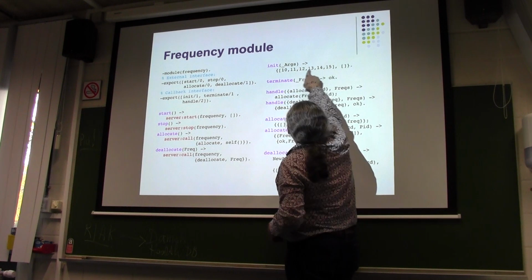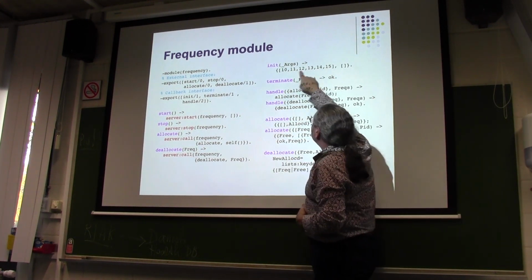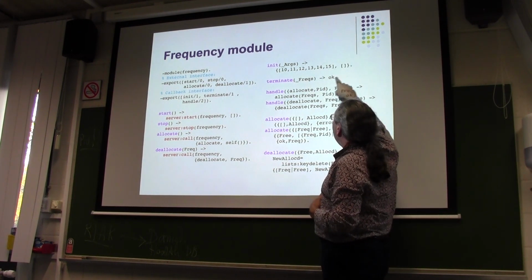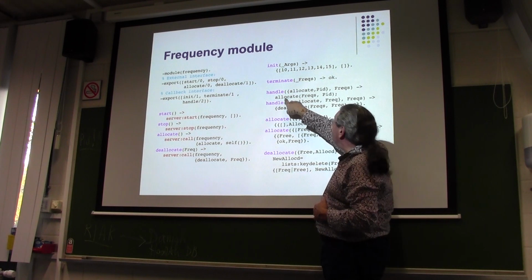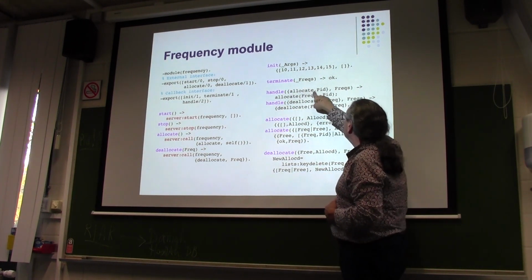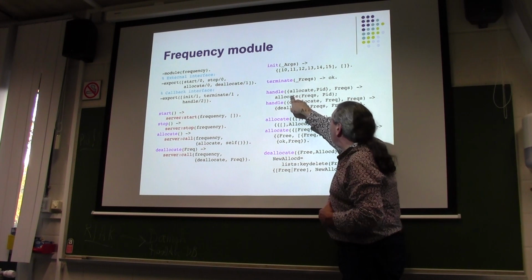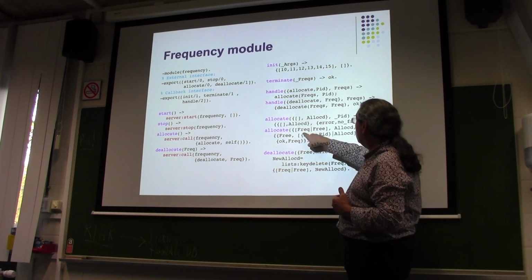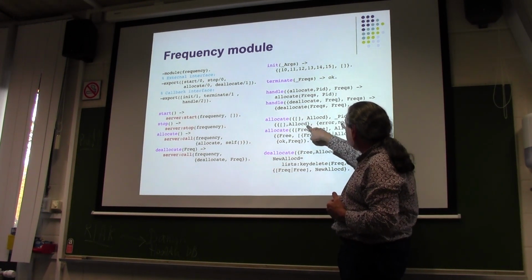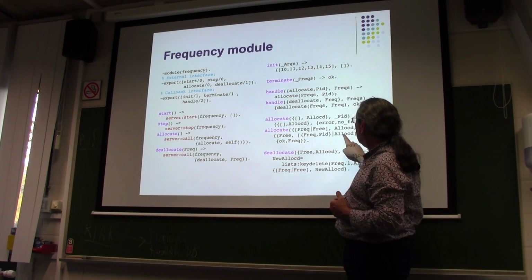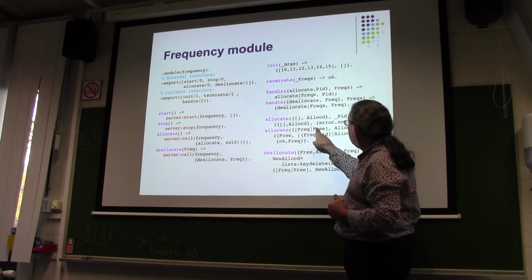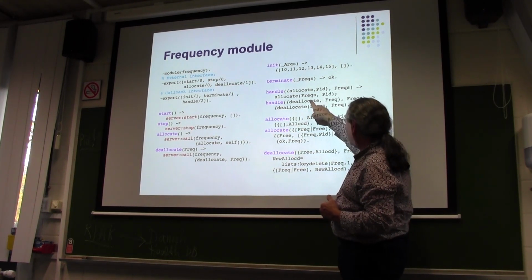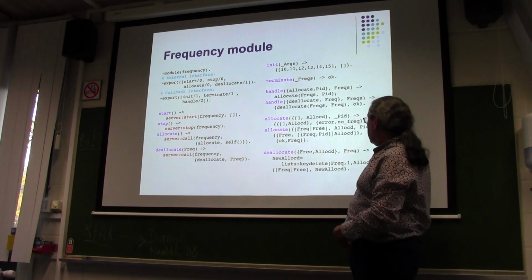Init is to start, so it's basically a tuple of 2 lists. Terminate, in this case, is not doing anything. And then handle does all the computation. When I do allocate, I call this function allocate, which does this list operation. It's going to take an element of this list, return it, and remove it from the free list. Deallocate is going to do the opposite.